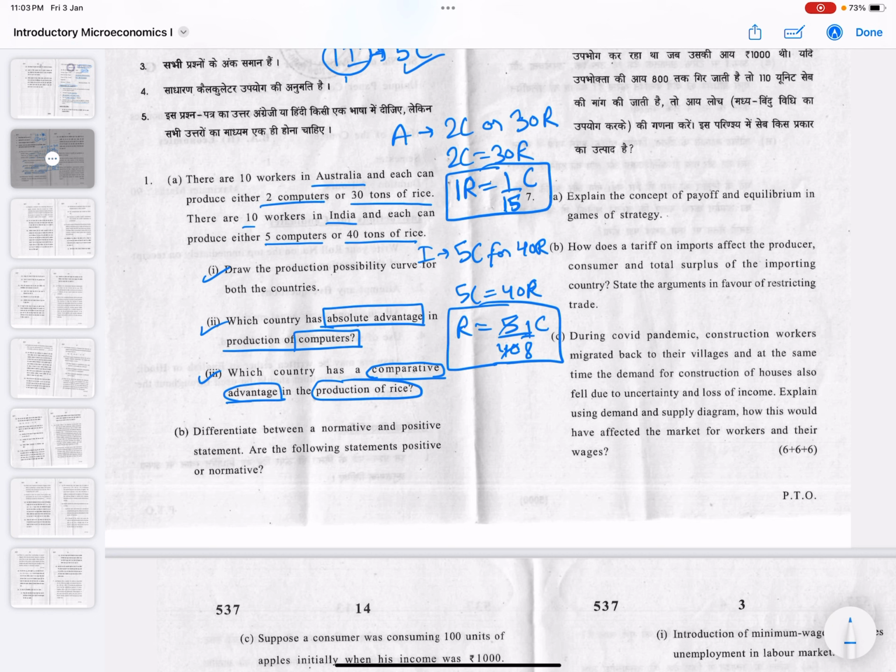So now the opportunity cost of producing a rice in India is 1 by 8 times computer, whereas in Australia it is 1 by 15 into computer. So the opportunity cost is lower in this case. So Australia would have an advantage in producing rice. I hope this was clear.